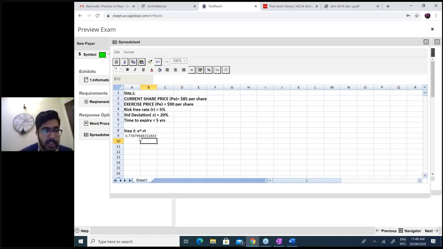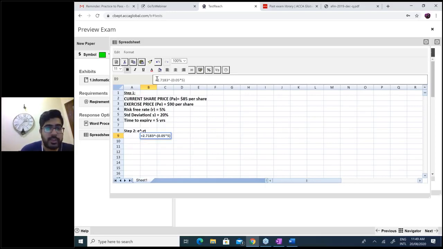Now, one thing I want to inform all of you. There are many people asking: do we need to show the formula separately? On Excel working, you don't need to show the formula separately. You can clearly see that here, if the marker clicks on it, he gets the formula that a student has taken: 2.7183 power minus R 0.05 T 5. So there's absolutely no need to show this.